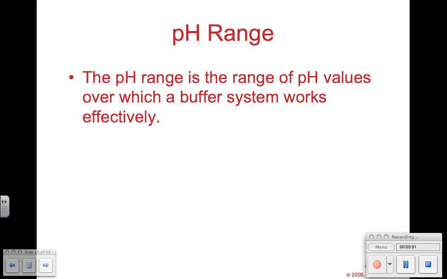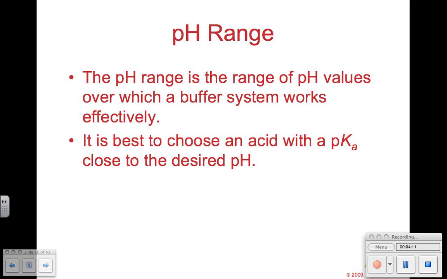The pH range is the range of pH values over which a buffer system works effectively. If you add a ton of base into it, you'll eventually exceed the ability of the buffer to hold back the change in the pH, and eventually it'll swing pretty far.